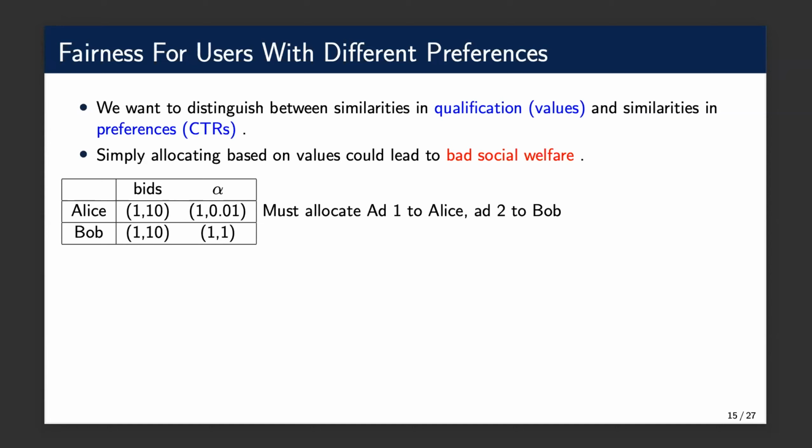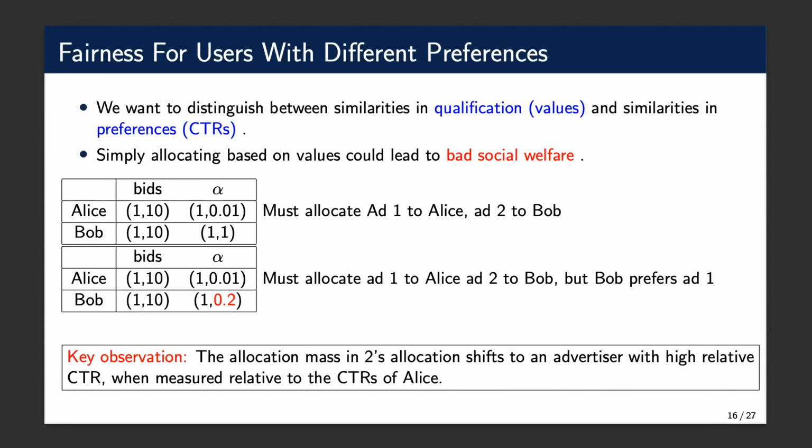Bob will click on both of the advertisements with probability 1, but Alice is much more likely to click on advertisement 1 than 2. So in this case, we have this goal of maximizing social welfare. So we should naturally display ad 1 to Alice and ad 2 to Bob. And Bob is fine with that because he's indifferent between the two ads. So in this case, the preferences that the users have are in line with social welfare.